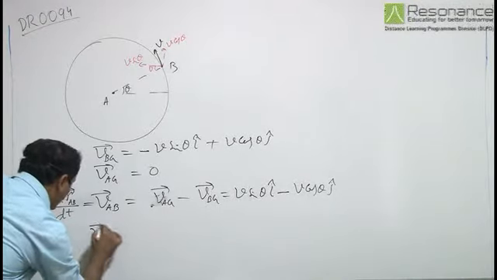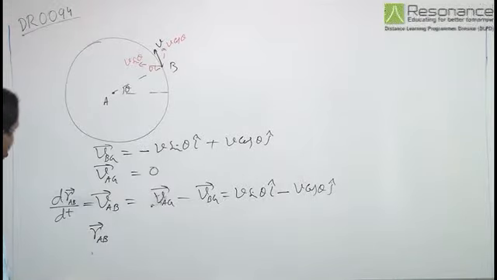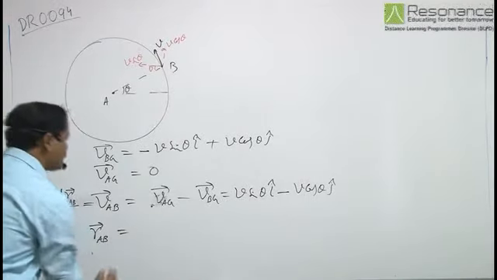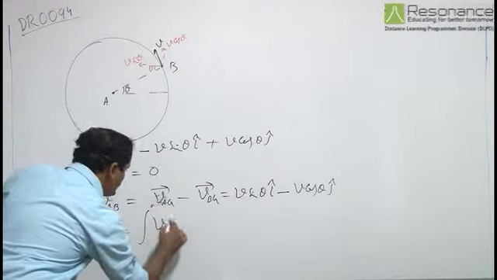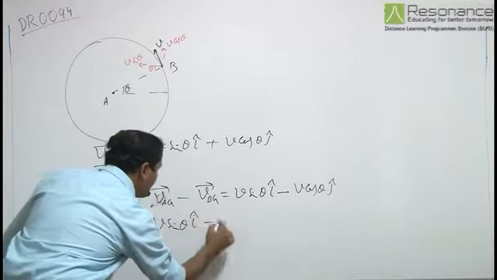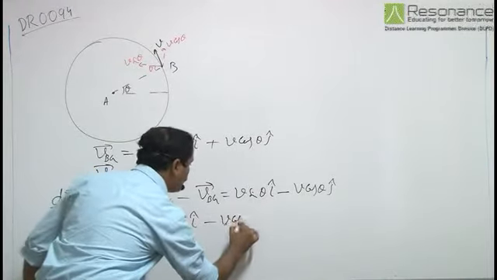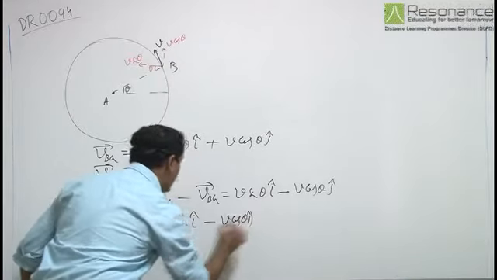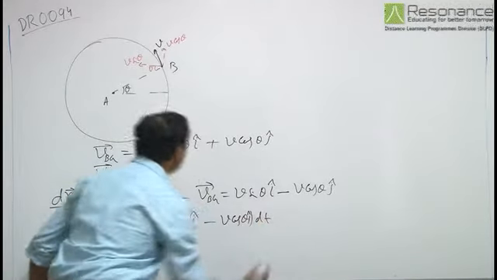r of A with respect to B, the position of A with respect to B, is equal to the integration of V sin theta i cap minus V cos theta j cap dt.